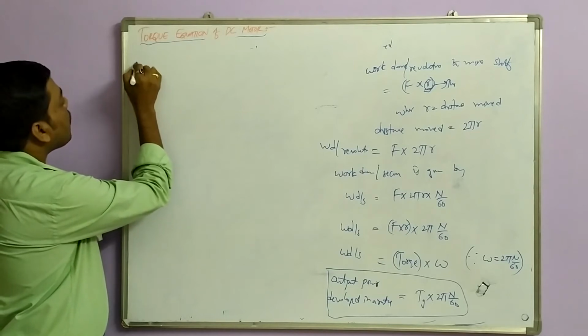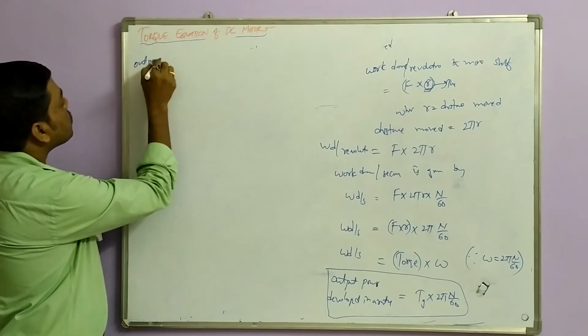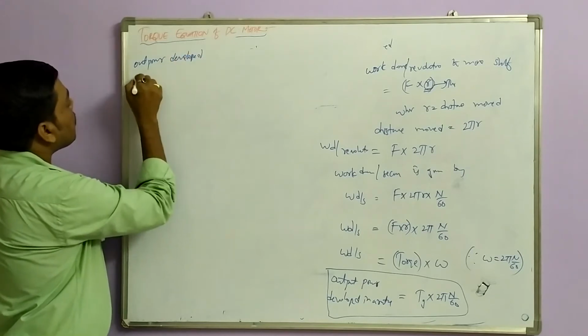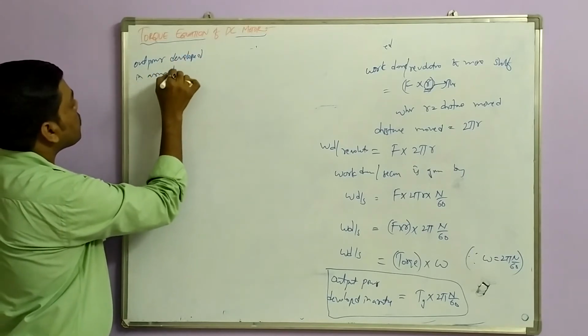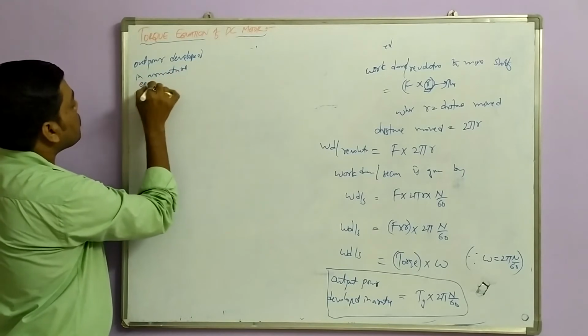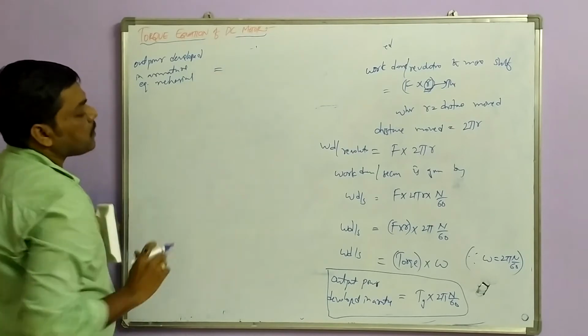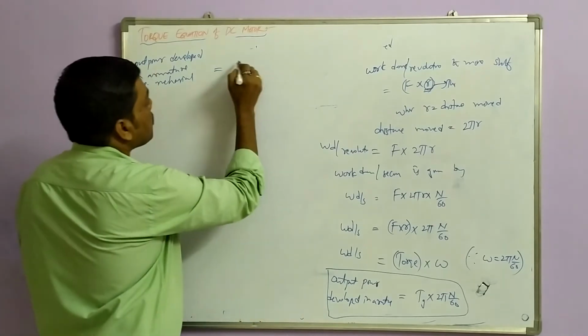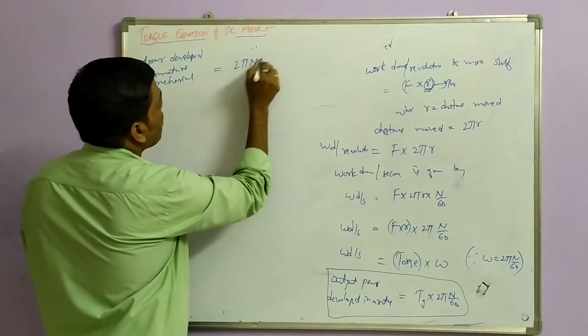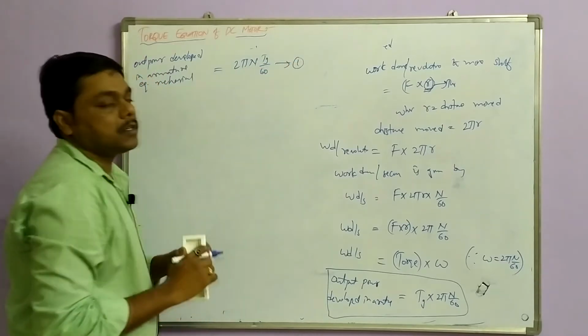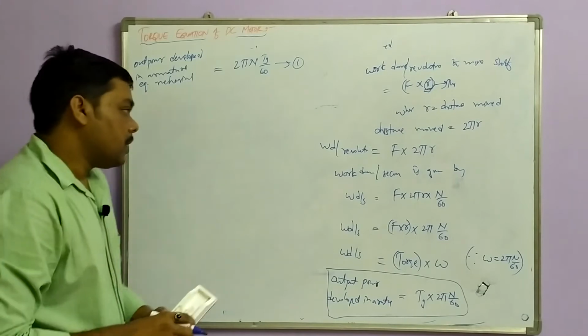It is given by 2 pi n into Tg by 60. So I am giving this as equation number 1.